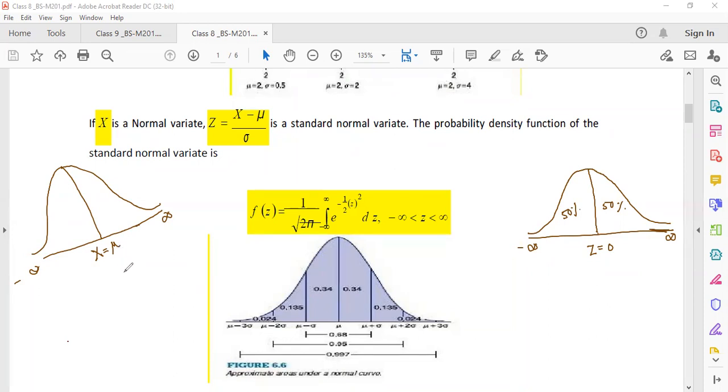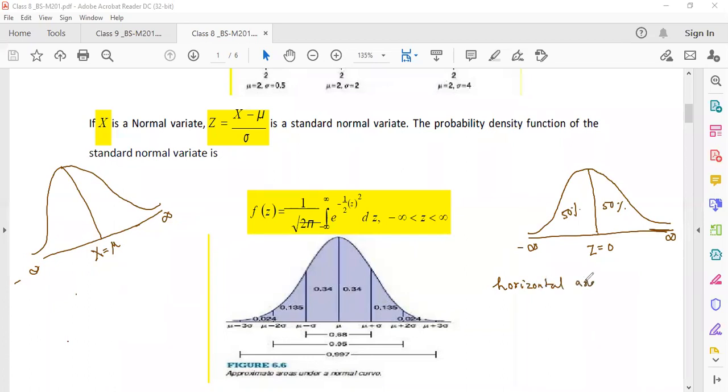And if you can recall, such type of axis which touches the curve at infinity, either plus infinity or minus infinity, such lines are actually called asymptotes. So here you can say both the horizontal axes are asymptotes to the normal curve. So it is a very important point.